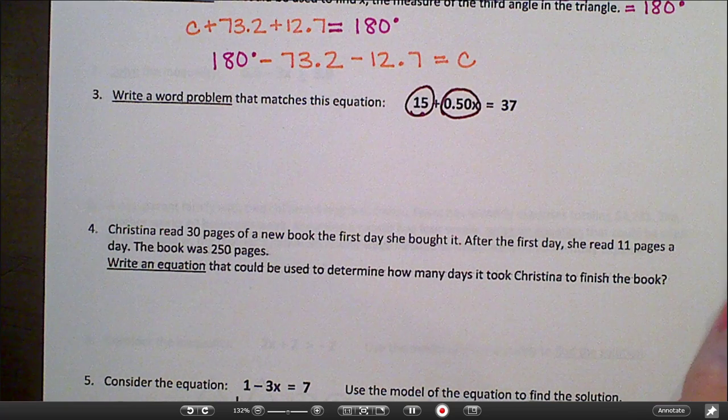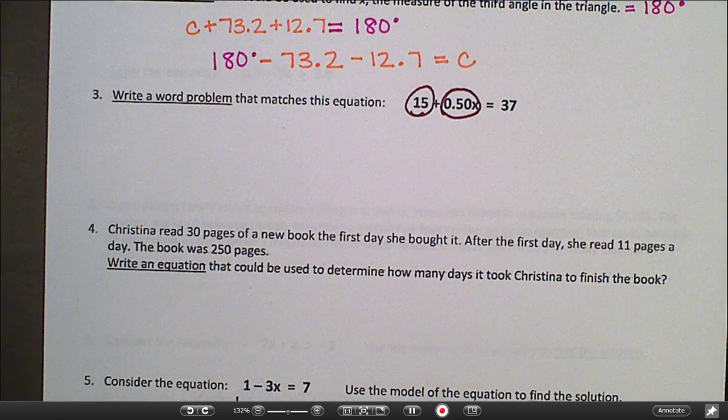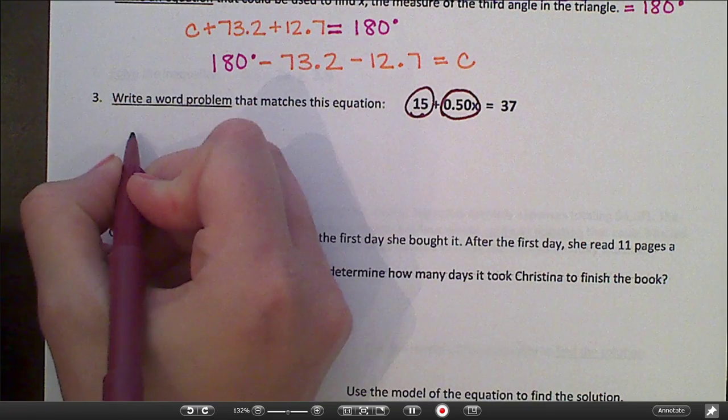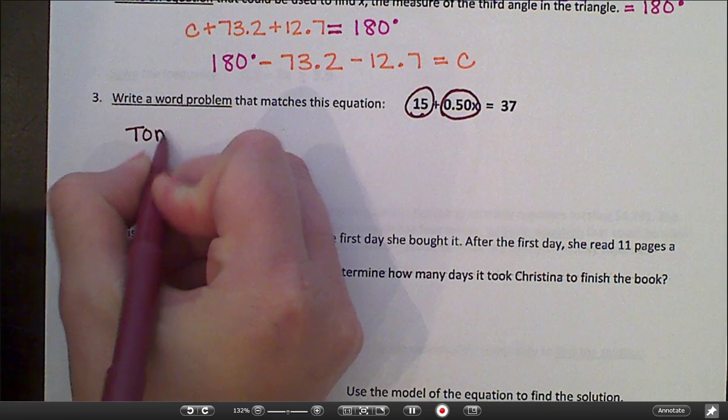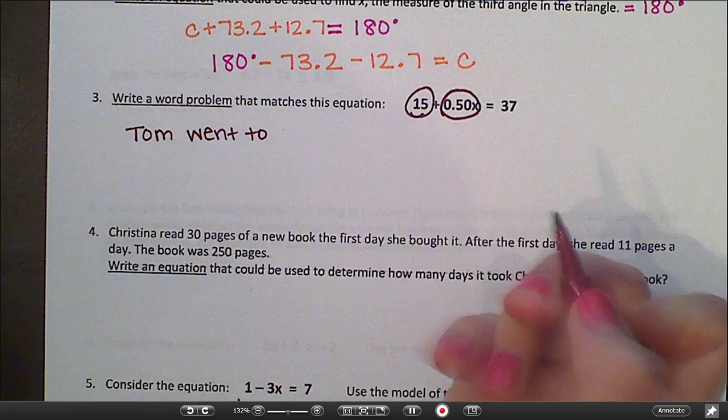So always ask yourself when you're writing a word problem or you're writing an equation, which one has to do with the variable? Not everything will have a variable stuck to it. So I'm going to write this word problem. Tom went to Six Flags.